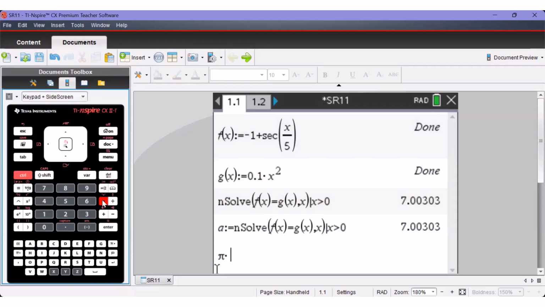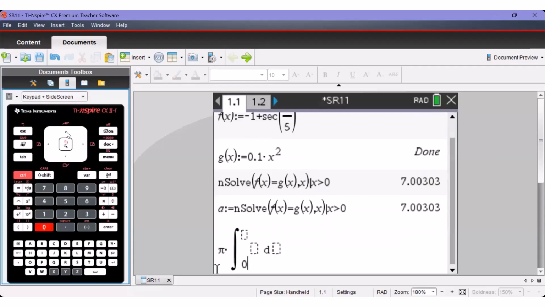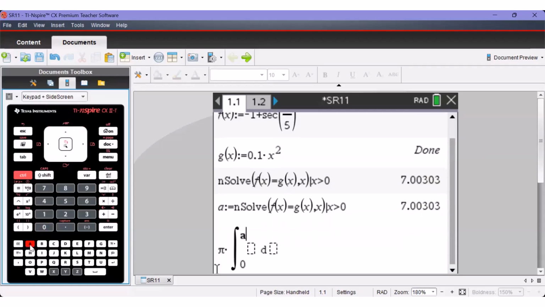Then the multiplication key. Now we press shift plus, and that gives us the integral template. Our lower limit is 0, and our upper limit is a, which is that 7.00303, etc. Now we go down with the navigation pad.